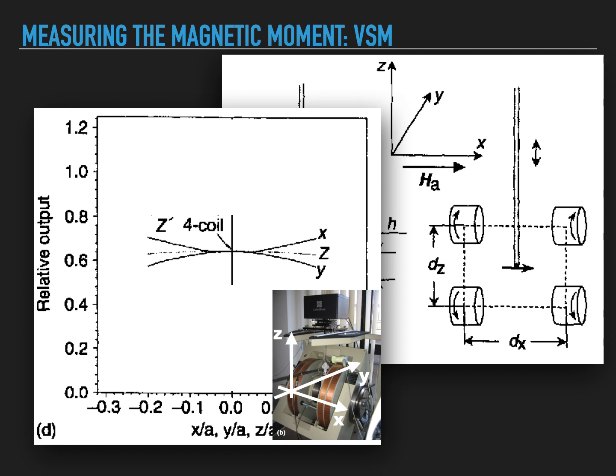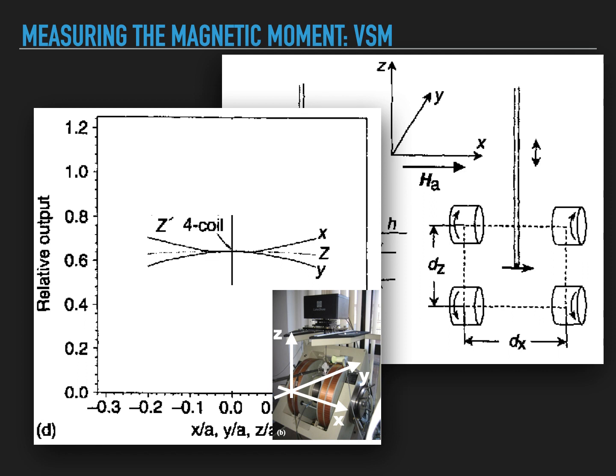The reasoning is the opposite when you talk about the X direction, that is the direction of application of magnetic field, because the signal that is picked up from the coils is a maximum when the sample is very close to either the right coils or left coils, because there is an overcompensation given by the coils that are closer to the sample with respect to the ones that are more far away.